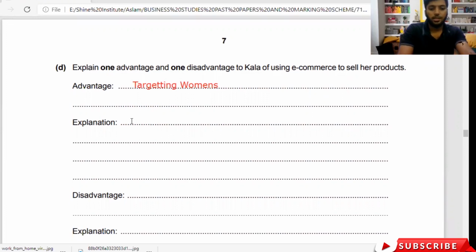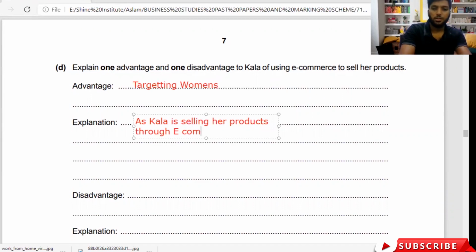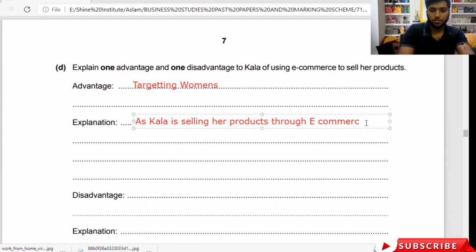You can say, as Kala is selling her products through e-commerce, she can focus and identify her customer base.